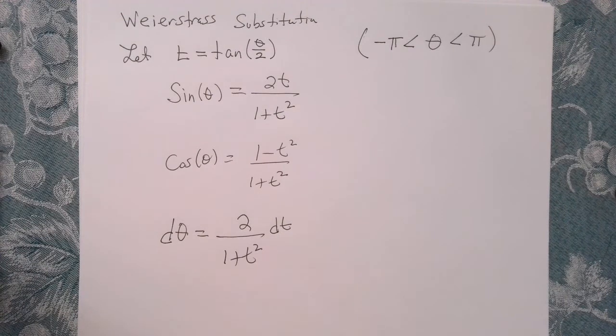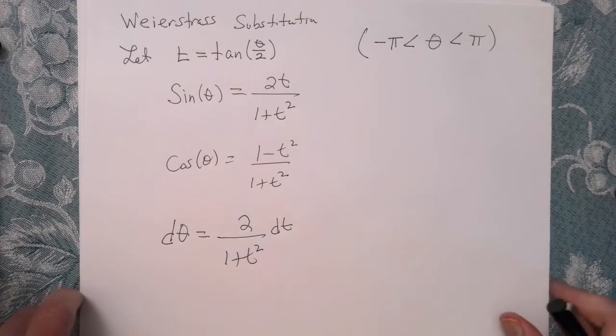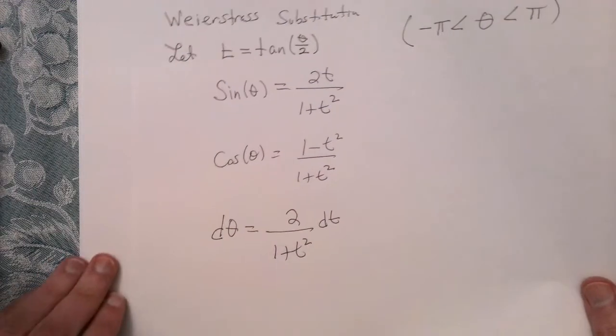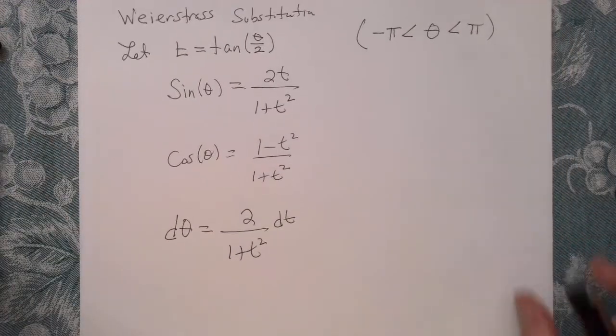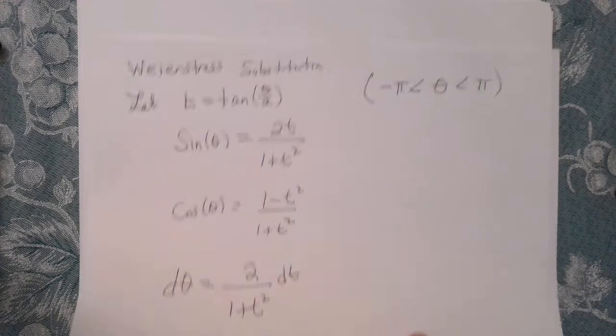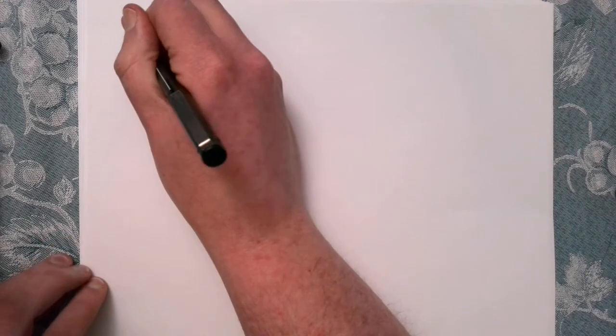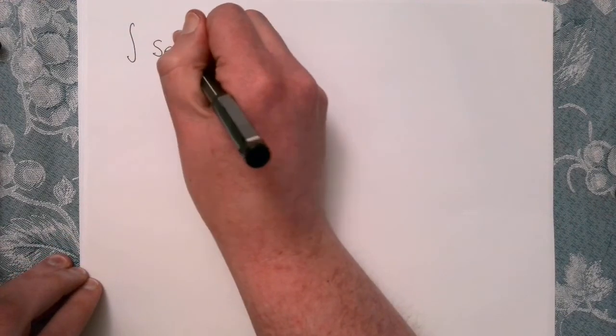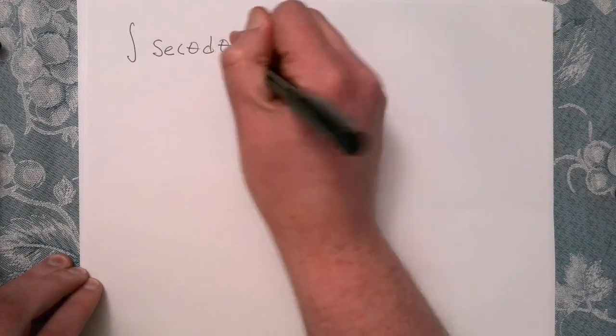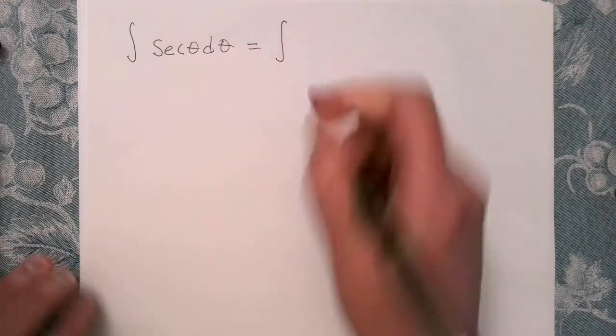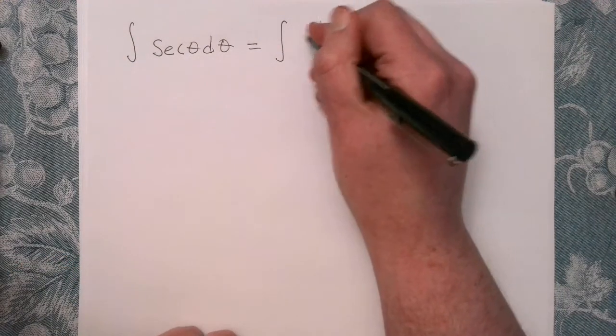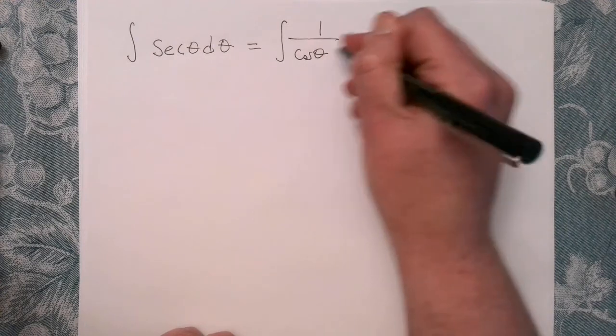Okay, so let's use this Weierstrass substitution to try to integrate secant of theta. We're actually going to start out in the same way as the last problem. So we're going to call secant of theta 1 over cosine of theta.